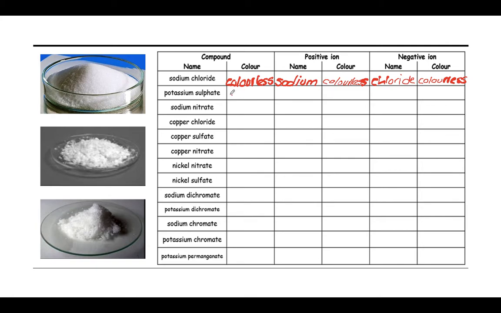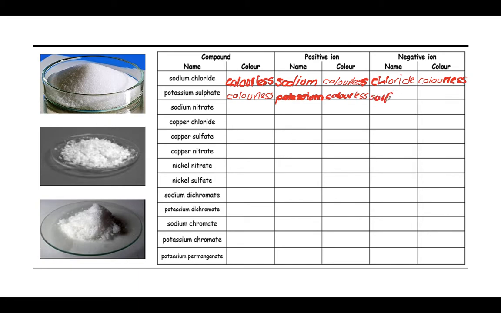It is colourless, so colourless, which means that the potassium ion, which is our metal ion, is also colourless, as is our negative sulfate ion.